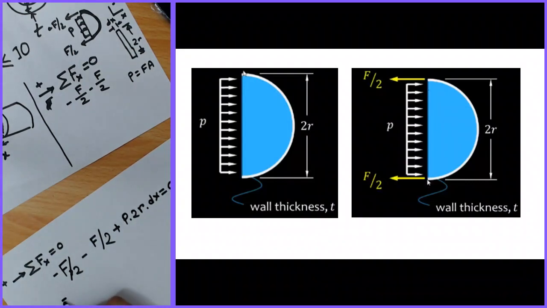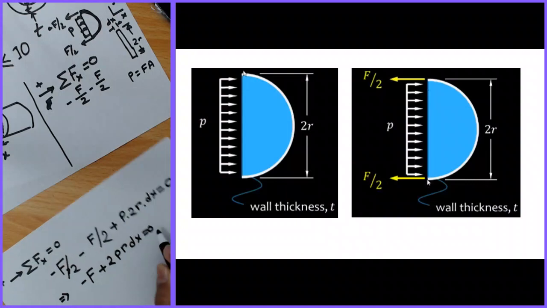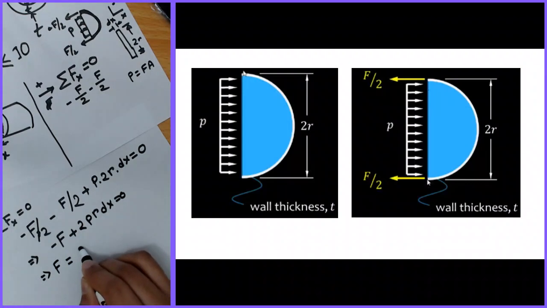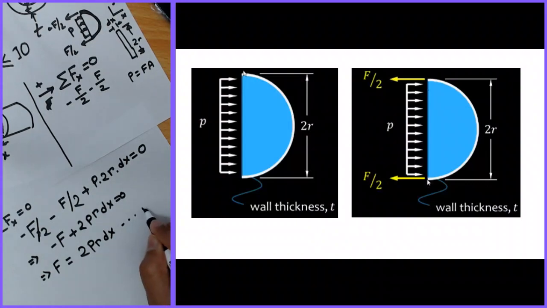So minus F plus 2P r dx equals 0. That means F is equal to 2P r dx. So this is my equation number 1.